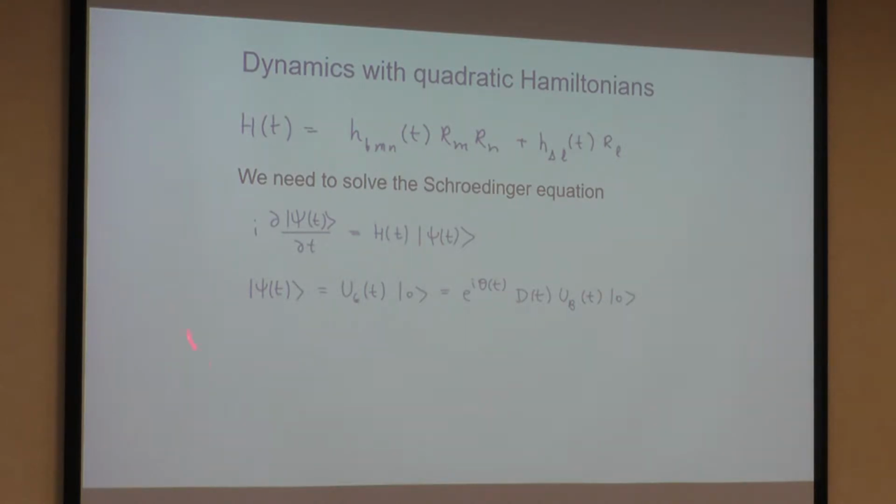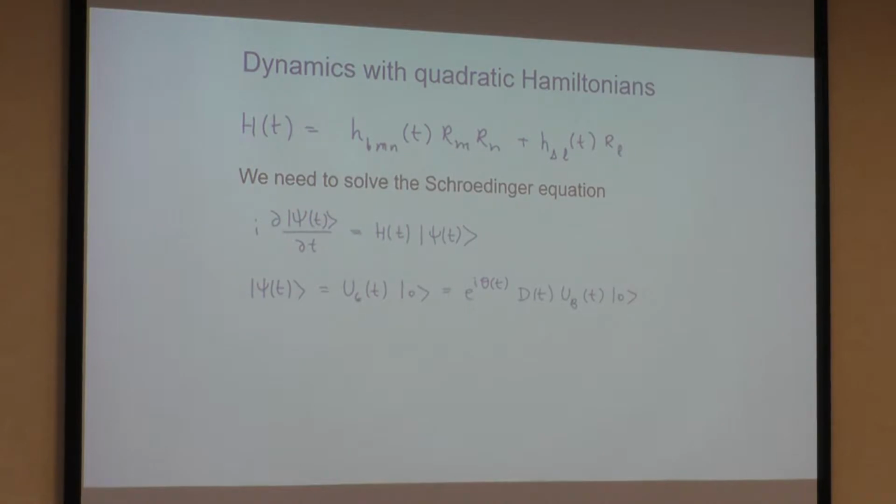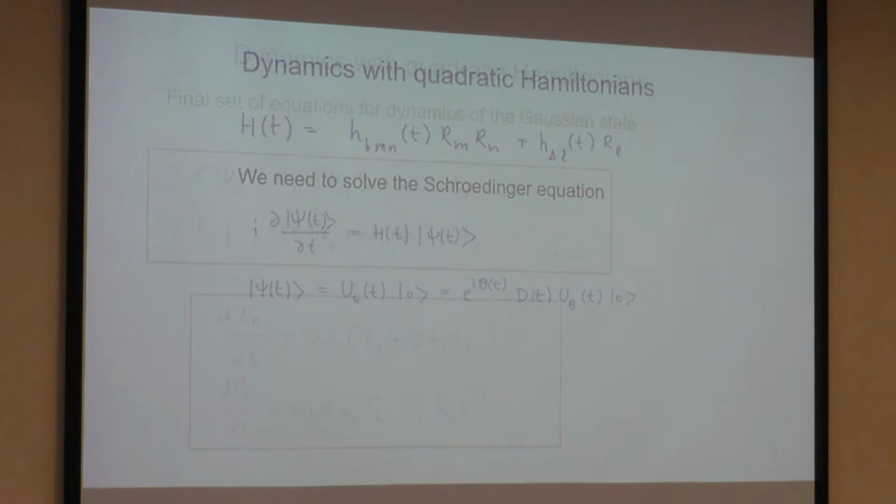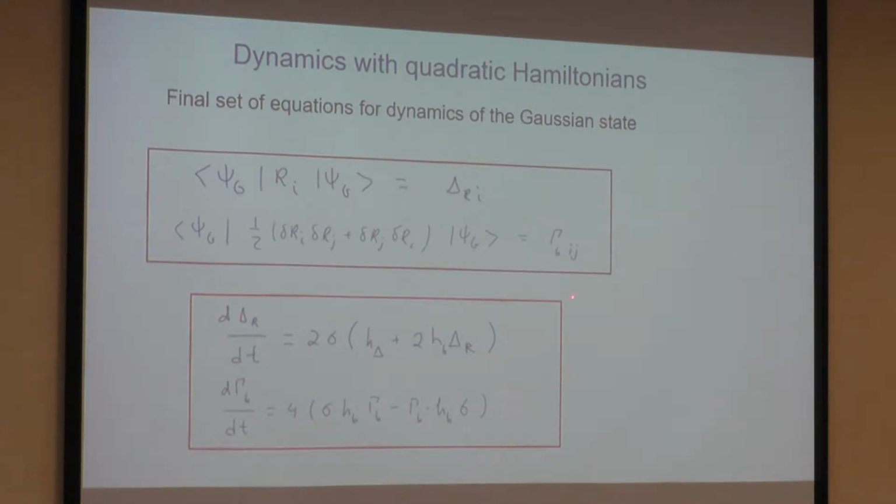And then we discussed how to solve the time-dependent Schrödinger equation using this Gaussian ansatz by basically taking coefficients of this Gaussian transformation to be time-dependent, and we derived explicit equations on the expectation value of the bosonic field. This is the coherent part.